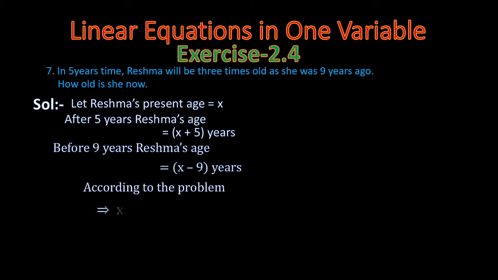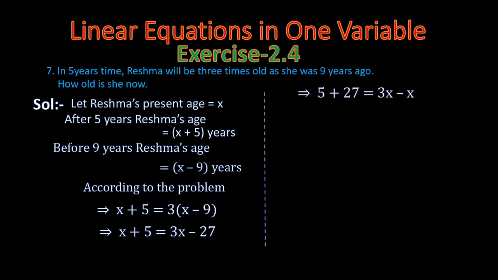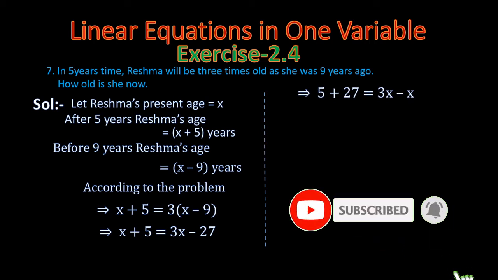According to the problem, x plus 5 years is equal to 3 into x minus 9. Implies 5 plus 27 is equal to 3x minus x.